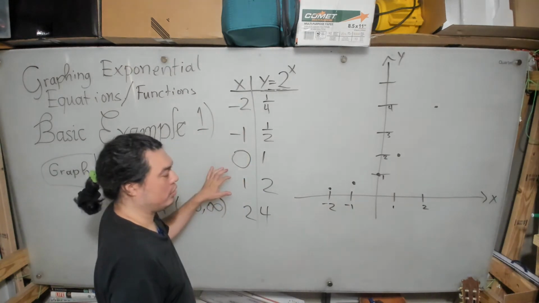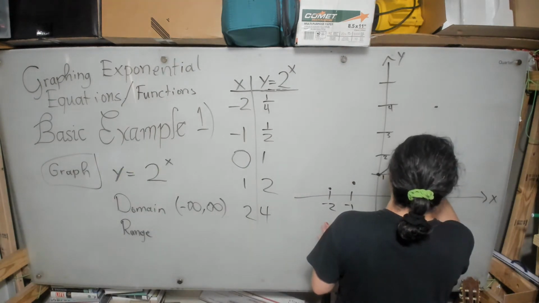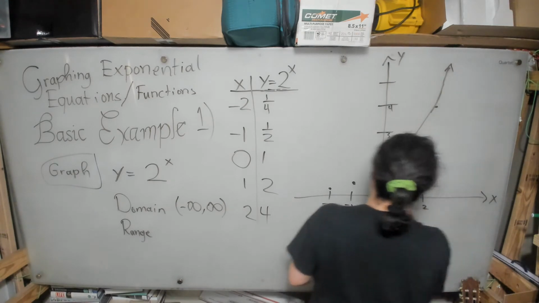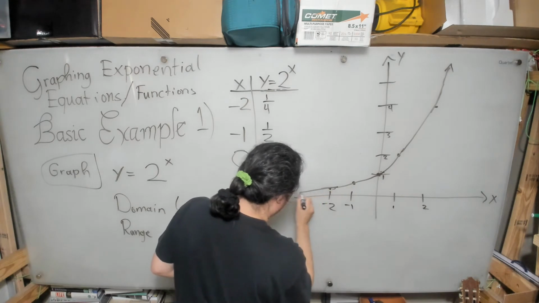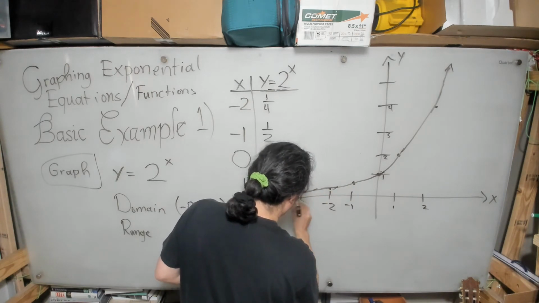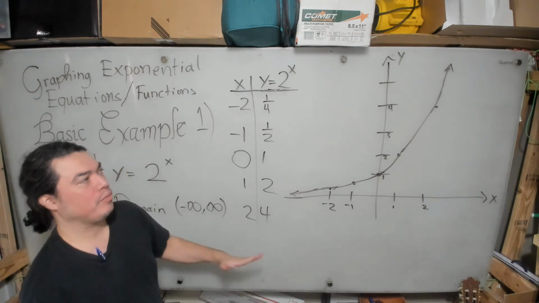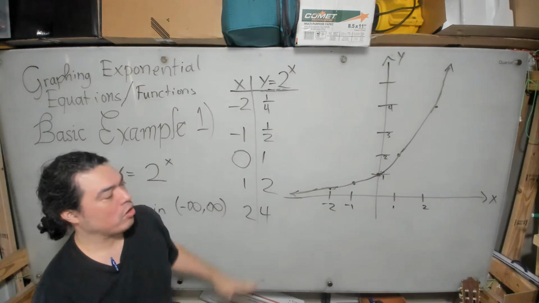This is very interesting. So now, if you notice, the graph appears to be getting bigger and bigger on the right, and it appears to be getting smaller and smaller on the left.